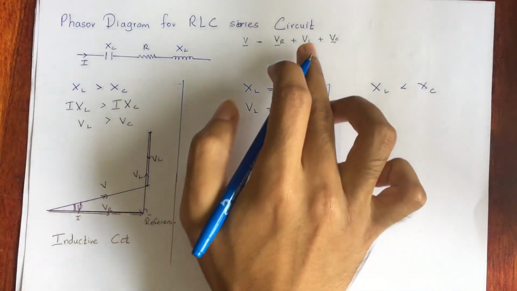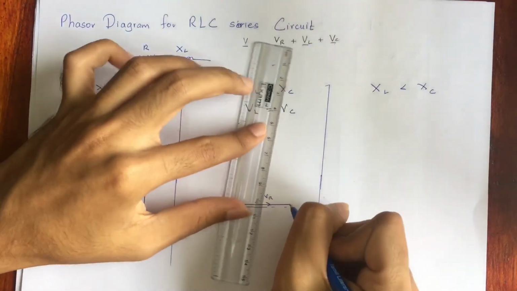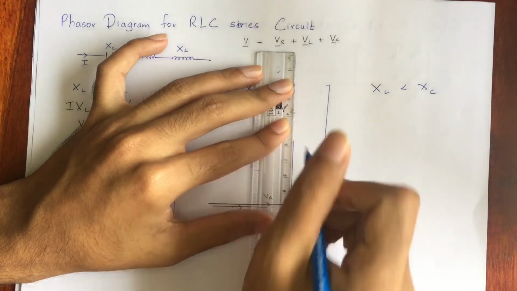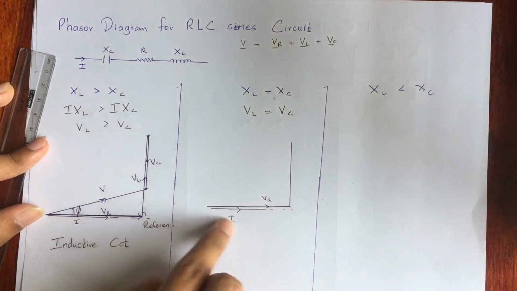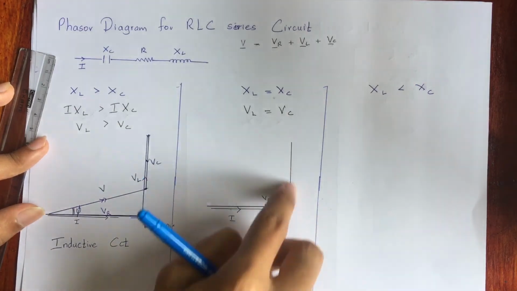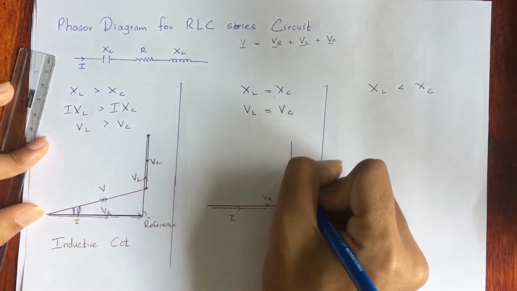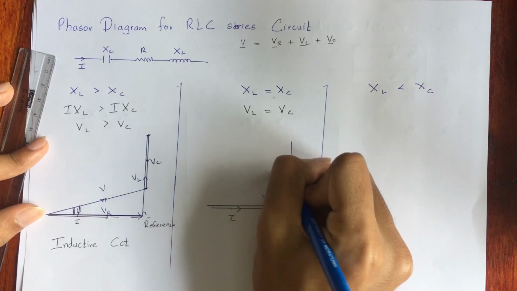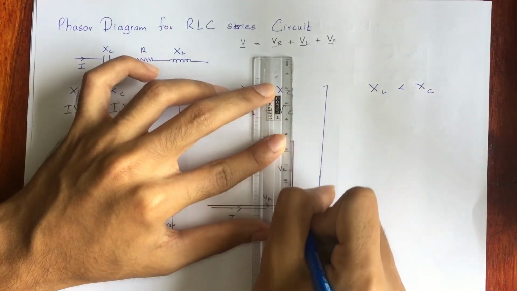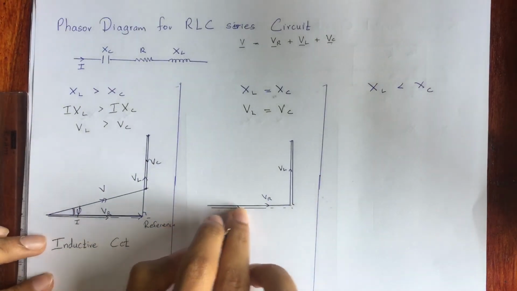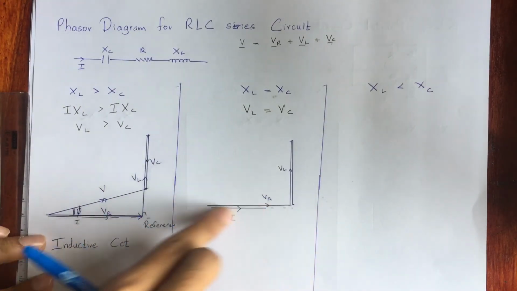Next, I'm going to draw VL. We know that VL is going to be leading the current. This current is the same for the inductor too. So we can tell the inductor's voltage is leading the current. So it's going to be in this direction. It's going to be VL. From that, I'm going to return by 90 minus 90. So it's going to be in this direction, because the I is in this direction, horizontal.